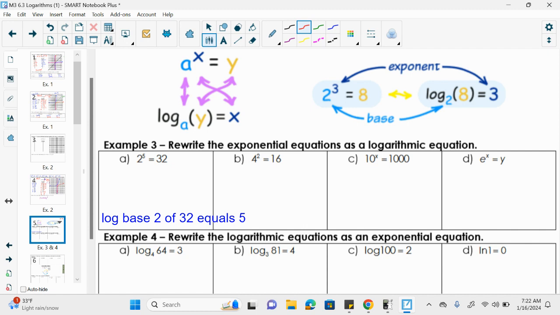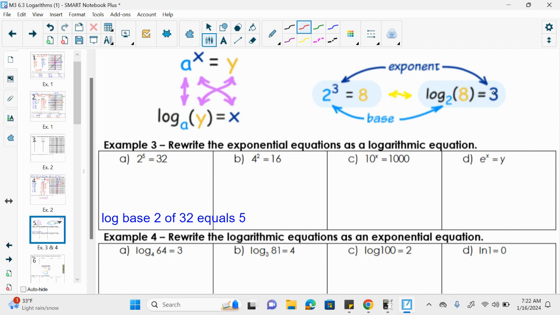So again, if we were just reading this right side over here as a logarithmic equation, we would read this as log base 2 of 8 equals 3. Now, if you guys watch that introduction video that I posted on Friday, basically if it just said log base 2 of 8, we can think of that as 2 to what power equals 8?